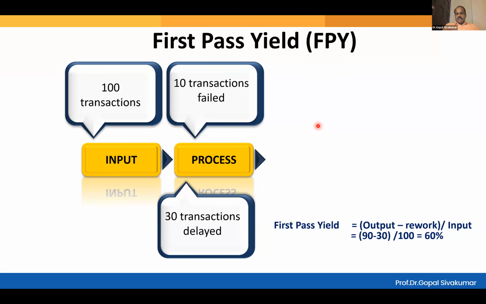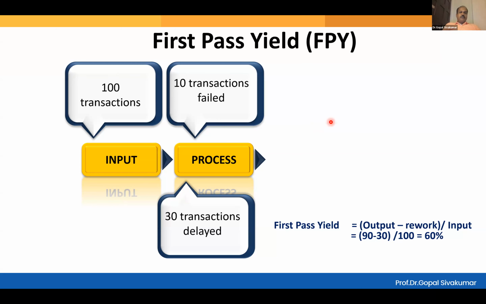What you have seen as 90% is not 90%. It is actually 60%. You will come to this understanding only if you understand that rework itself is a failure.